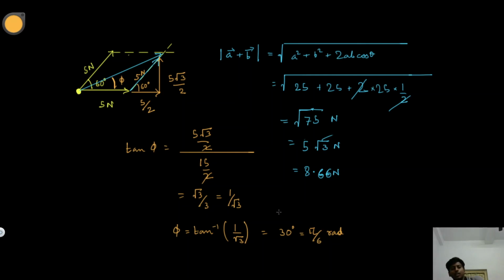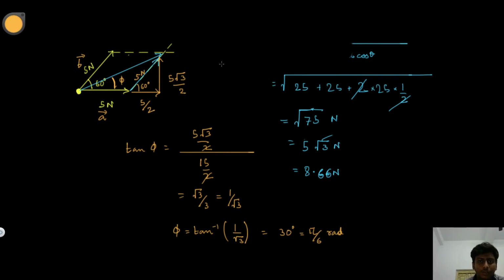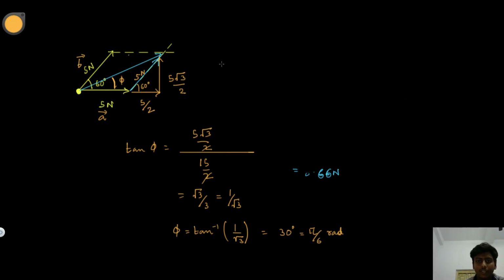So now say I want to subtract these two vectors, right? Say this is a vector and this is b vector. I need to calculate a vector minus b vector. Okay, fine. So what I need to do, I need to simplify my vector diagram.